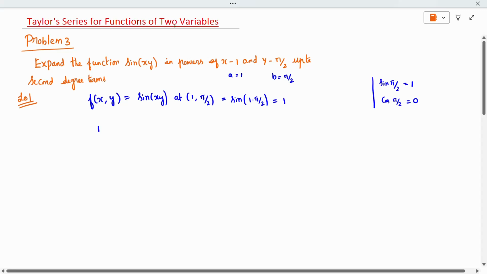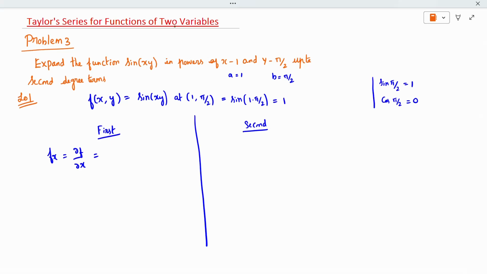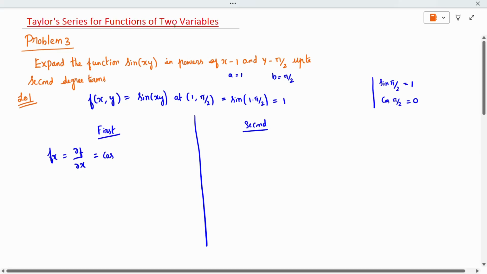First we will calculate the first order derivatives, then the second order ones, and write both in the formula. The first is fx, which is dou f by dou x. Differentiating sin gives cos of xy, into the derivative of the inside function.